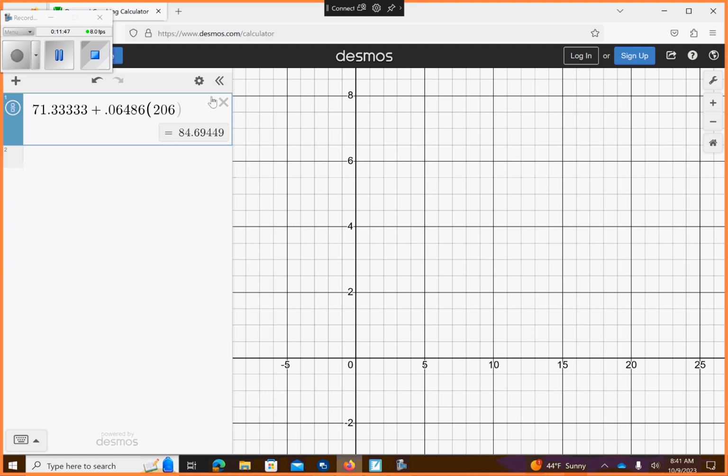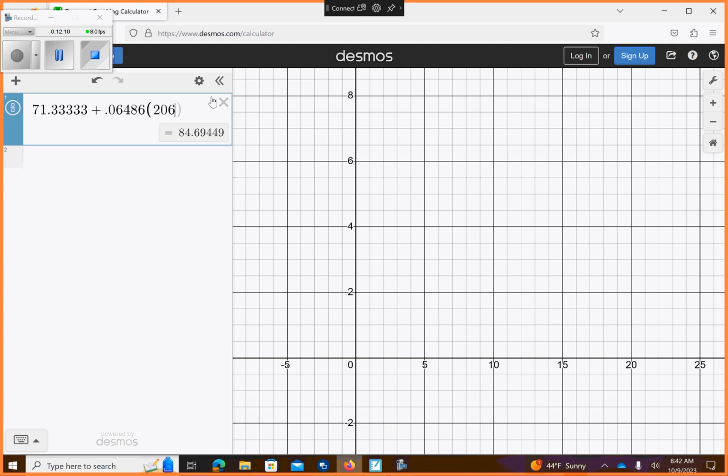Interpret the y-intercept. If you do not have a cholesterol level, you would have a systolic blood pressure of 71.333. That would be outside of our data. It shouldn't be trusted. Again, you have cholesterol the moment your heart starts beating.